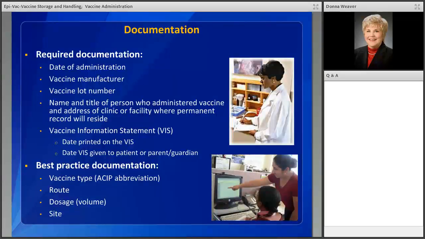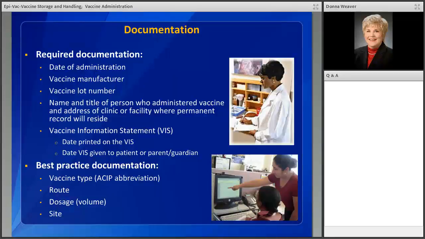All vaccines administered should be documented in the patient's permanent medical record. Healthcare providers who administer vaccines covered by the National Childhood Vaccine Injury Act are required to document date of administration, vaccine manufacturer, vaccine lot number, name and title of the person who administered the vaccine, and the address of the facility where the permanent record will reside, and the date printed on each vaccine information statement, or VIS, that's given to the patient or parent, as well as the date that it was given to them.